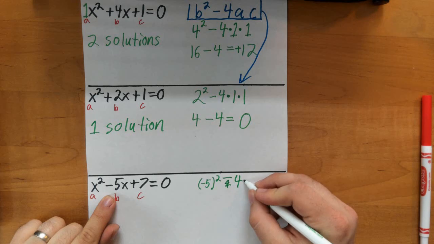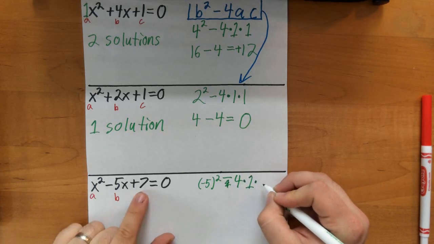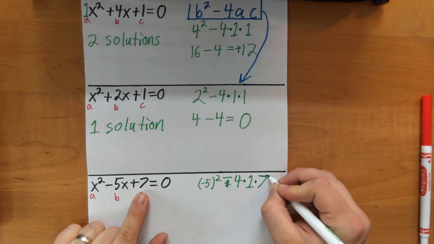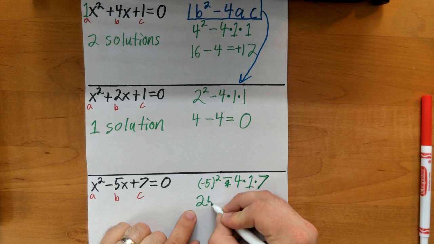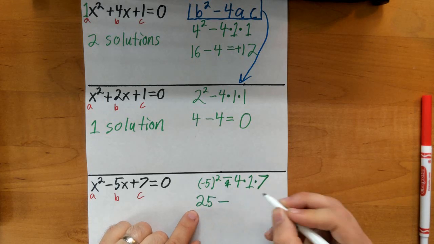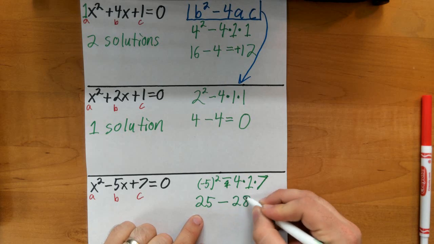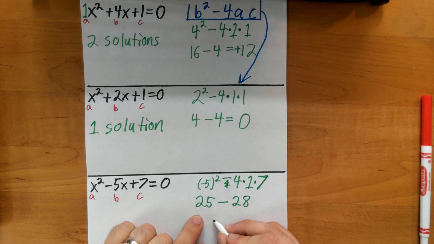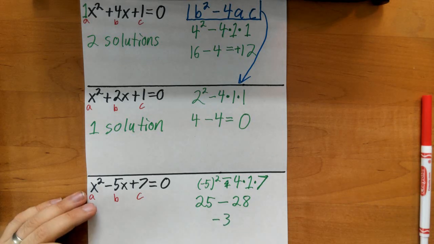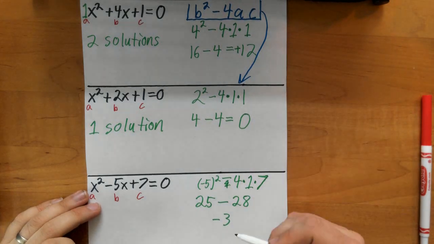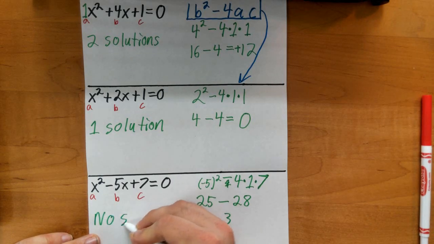Minus 4 times my a value, which is just 1. And my c value, now we have a different number here, 7. Okay? Anytime you're squaring a negative number, it does come out to be positive, so we get 25 minus 4 times 7 is 28. And you notice now we get a negative 3. Now, so this isn't positive, it's not 0. When the discriminant is negative, that means you have no solution.